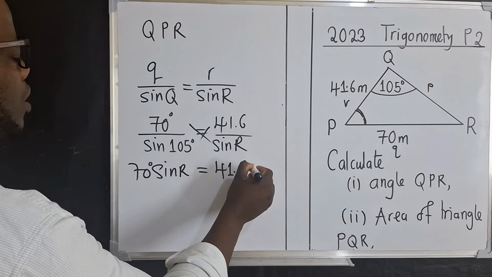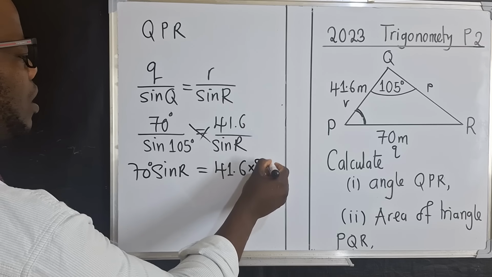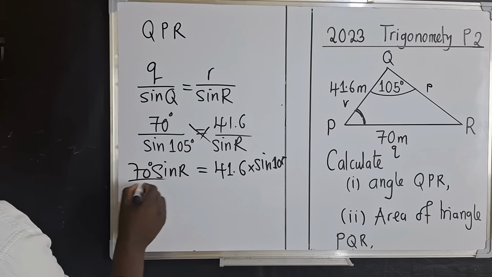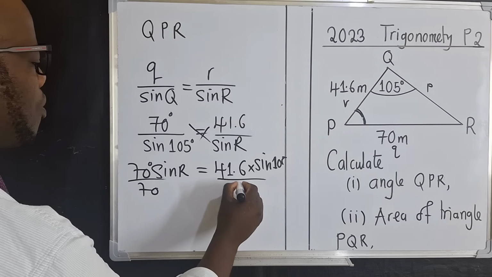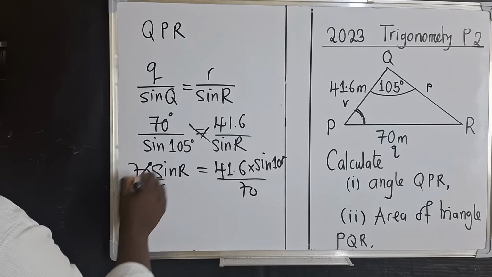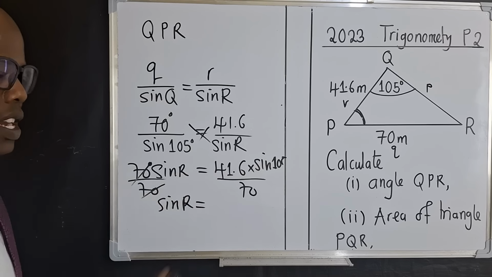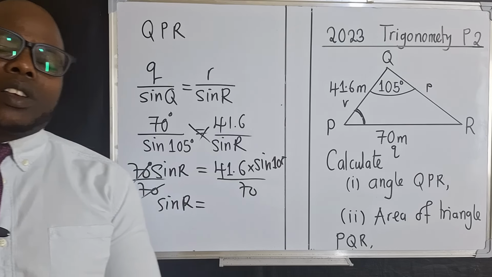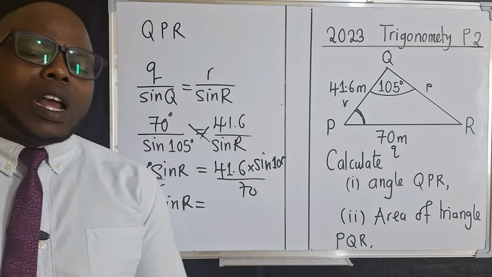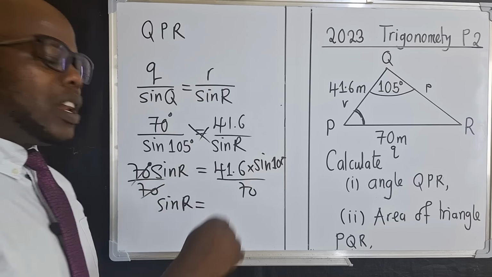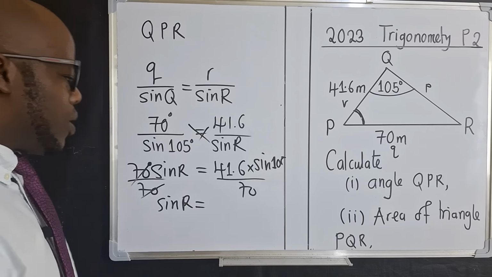41.6 times sine 105. So I'll divide by 70 since I'm solving for sine capital R. So when I divide by 70, get your calculators. You're allowed to use a calculator on this one and punch on your calculator 41.6 times sine 105.